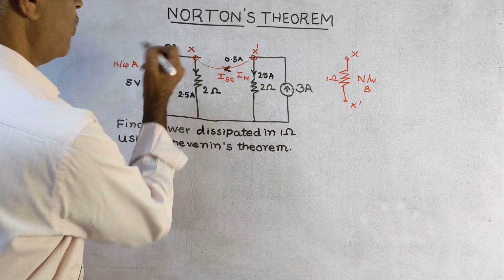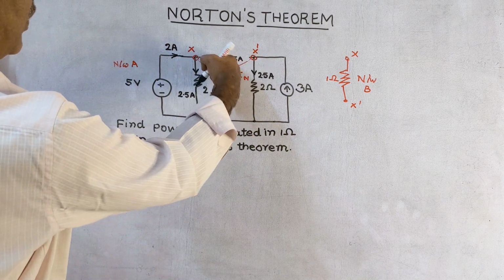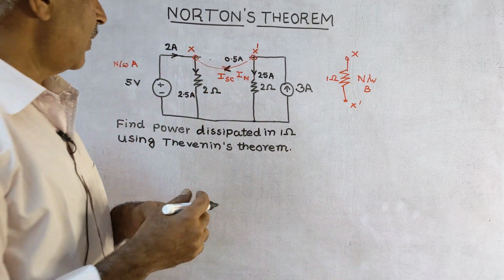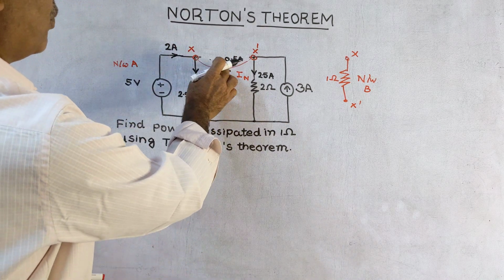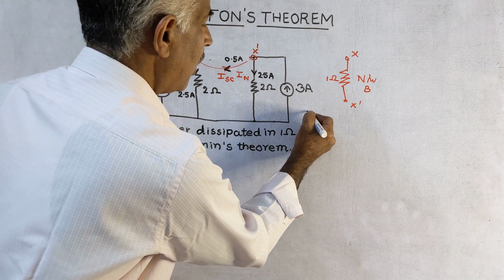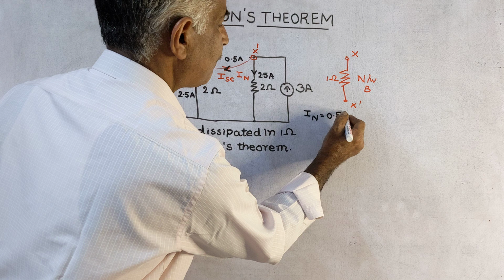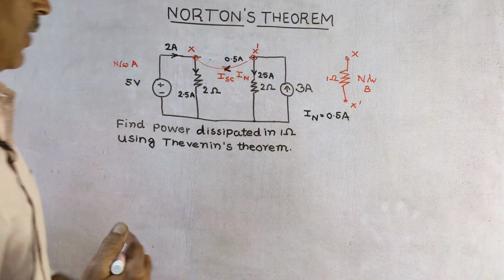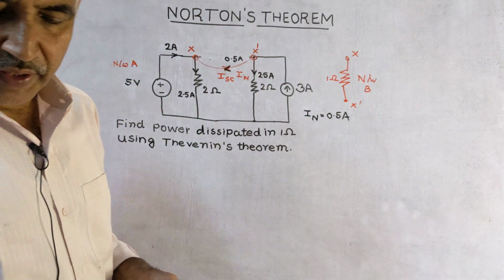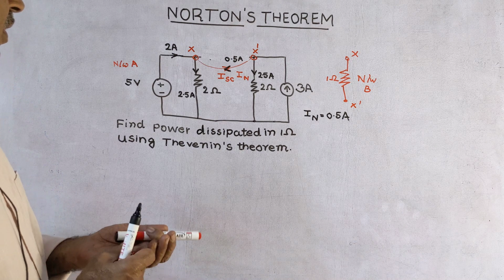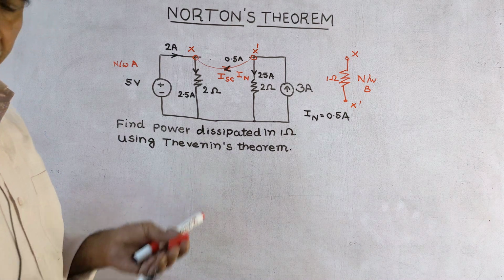Then 2 amperes and 0.5 amperes makes 2.5 amperes. Therefore, short circuit current or Norton current is equal to 0.5 amperes.